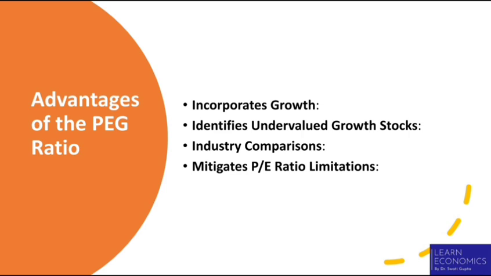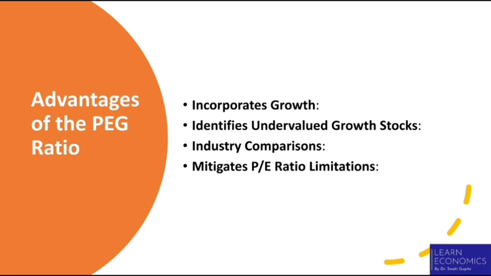First, incorporates growth. The PEG ratio incorporates a company's expected earnings growth rate and gives a more comprehensive view of valuation compared to the PE ratio alone. This makes it particularly useful for evaluating growth stocks where future earning potential is an important factor.